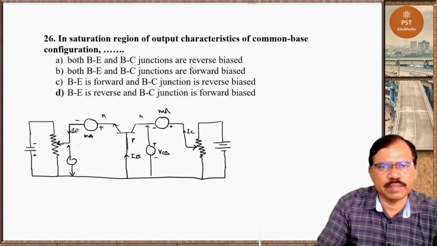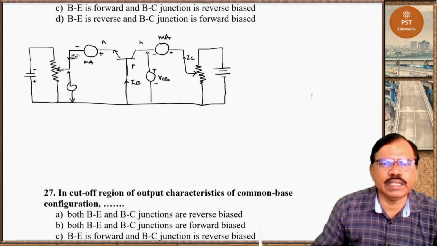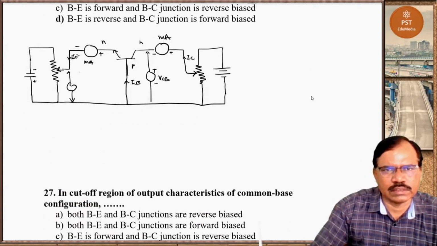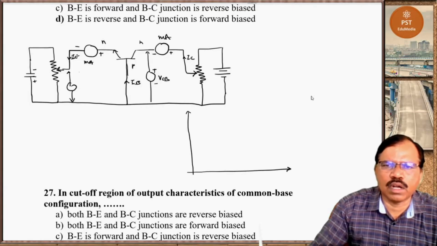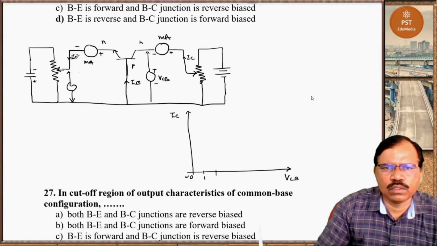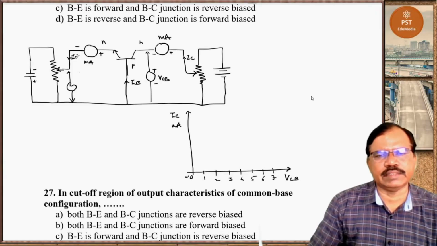This is also a milliammeter. Now, to study the output characteristic, we take input constant. So here, this is the output characteristic. So we plot a graph between VCB and IC. Here 0, 0. Now I can take 1 volt, 2 volt, 3 volt, 4 volt, 5 volt, 6 volt, 7 volt, and so on. And current is in milliampere, IC.